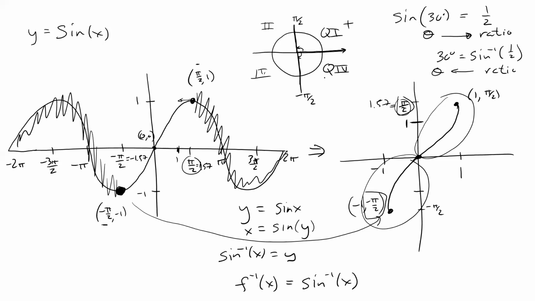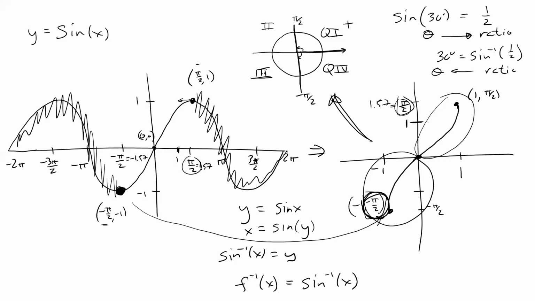Wait, I thought you circled the one on the lower graph, right here. Oh, yeah, gotcha. So there's two things happening here. This graph here, I'm trying to take it back to the unit circle again. And you're not saying that that's in quadrant...? No. I'm saying this angle measurement right here, negative pi over 2, is the lowest we go.